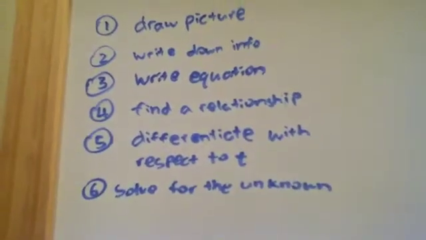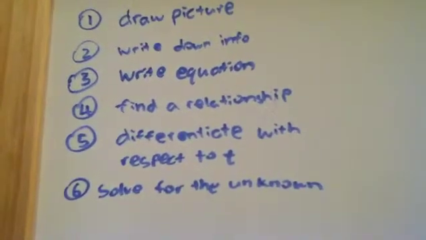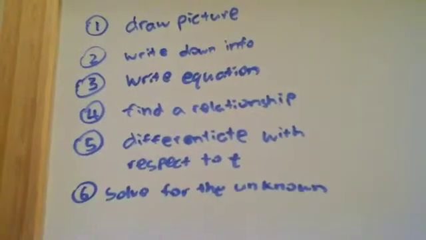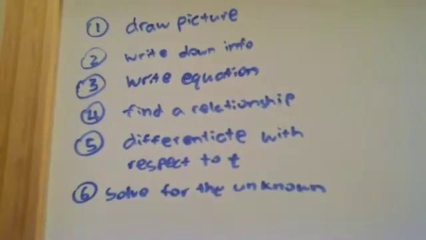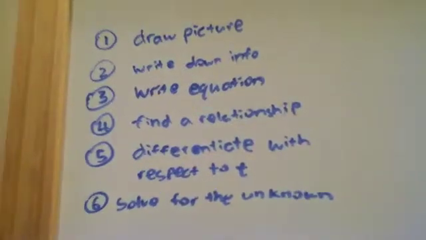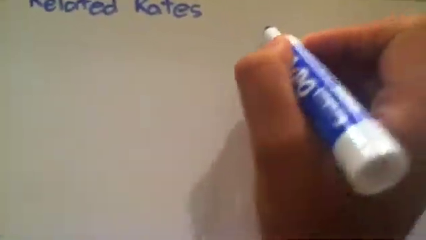Let's do an example to do with the volume of a cone changing. You have a conical reservoir, and water is flowing out.